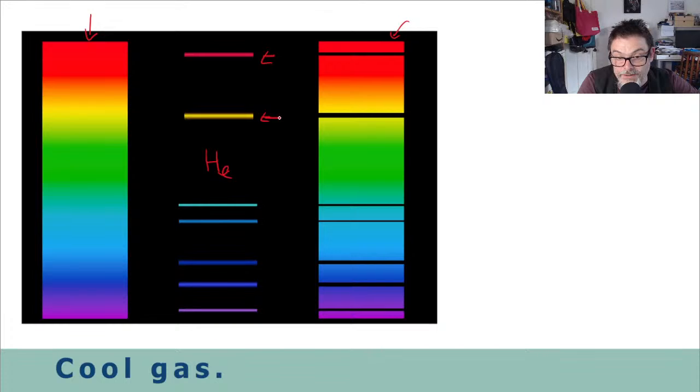And as you can see, the absorption spectrum gaps correspond exactly to the emission lines. That means, therefore, that we have two ways to fingerprint helium by looking at the absorption gaps or the emission spectra, depending on exactly what we're trying to do.